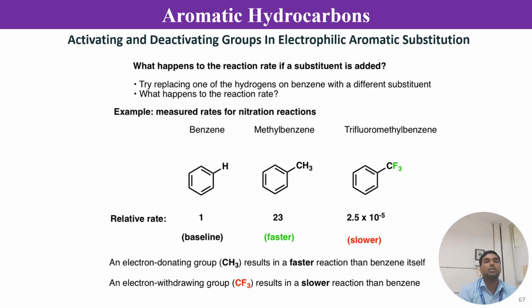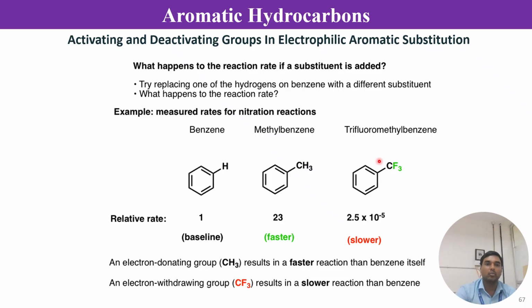So, the last part of the topic, let me talk about activating and deactivating groups in electrophilic aromatic substitution reactions. Basically, suppose benzene, methyl benzene, trifluoromethyl benzene. You can see the methyl benzene substitution reaction is much faster compared to benzene, and in case of trifluoromethyl benzene, it is slower. Why?